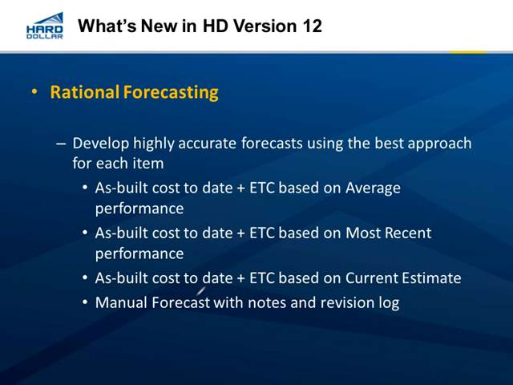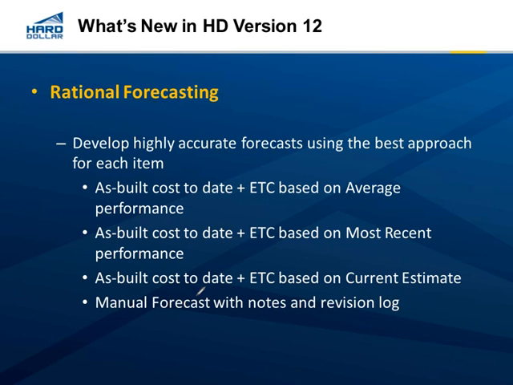The last major piece on version 12 is the rational forecasting. So in version 11, there were three methods. You essentially take into account what's happened to date, your as-built costs, and you can forecast the remaining based on your planned production from the CBS, what your average performance has been, or your latest.